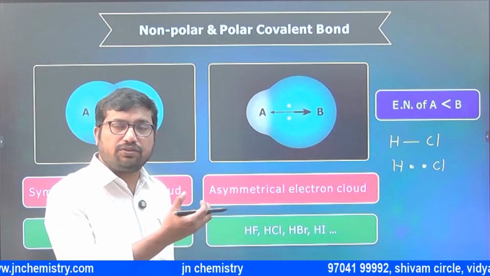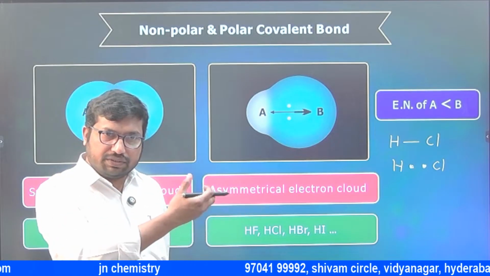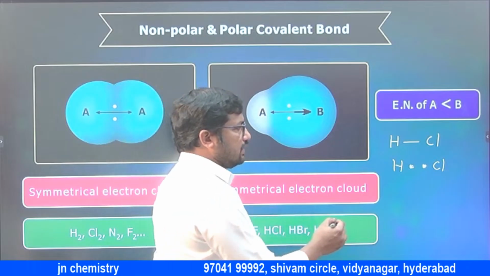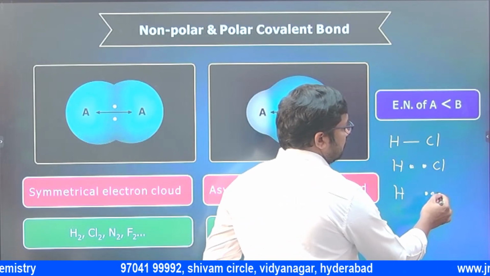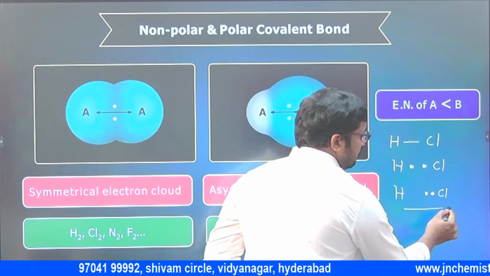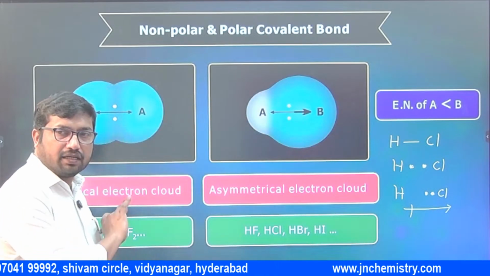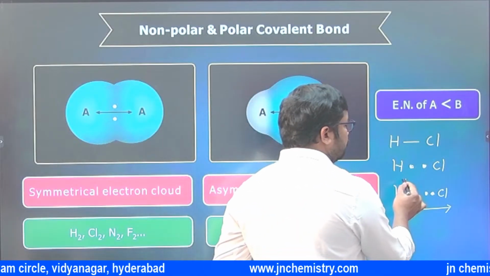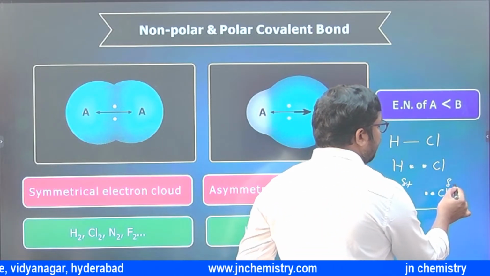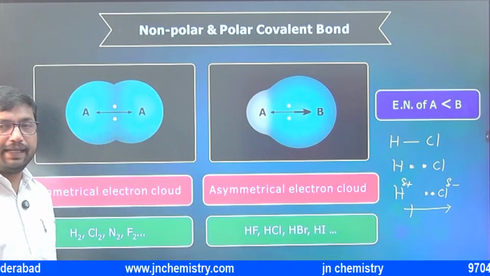The tendency to attract the bonded pair of electrons towards itself. The electrons move towards chlorine, so obviously we can say this end has a partial positive charge and this end has a partial negative charge.